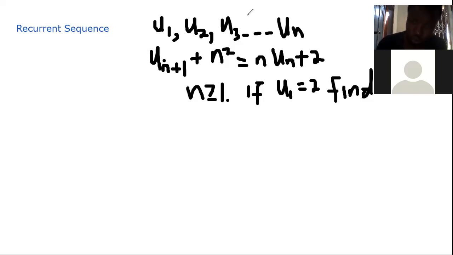Now, if U1 is equal to 2, find (a) the values of U2, U3, and U4. So the first thing I'm going to do is to find the values of U2, U3, and U4.